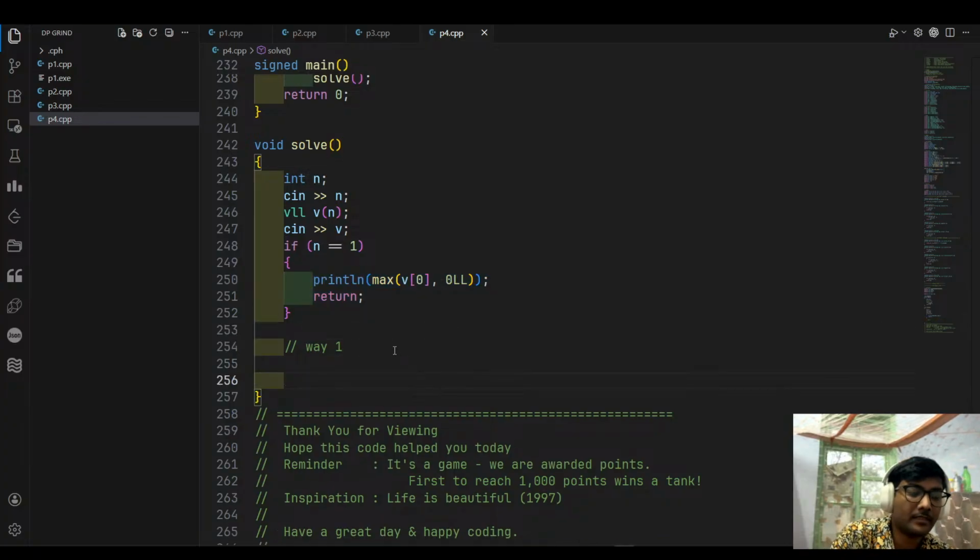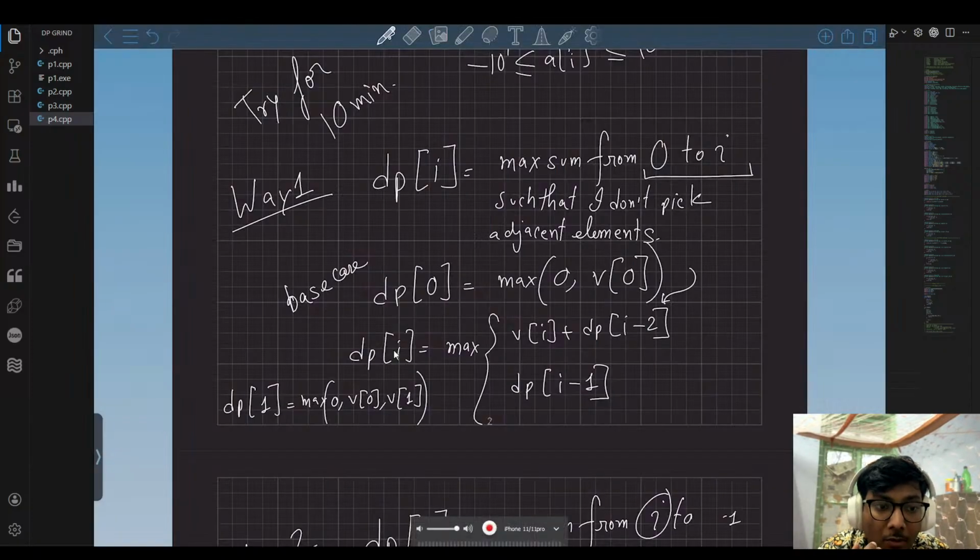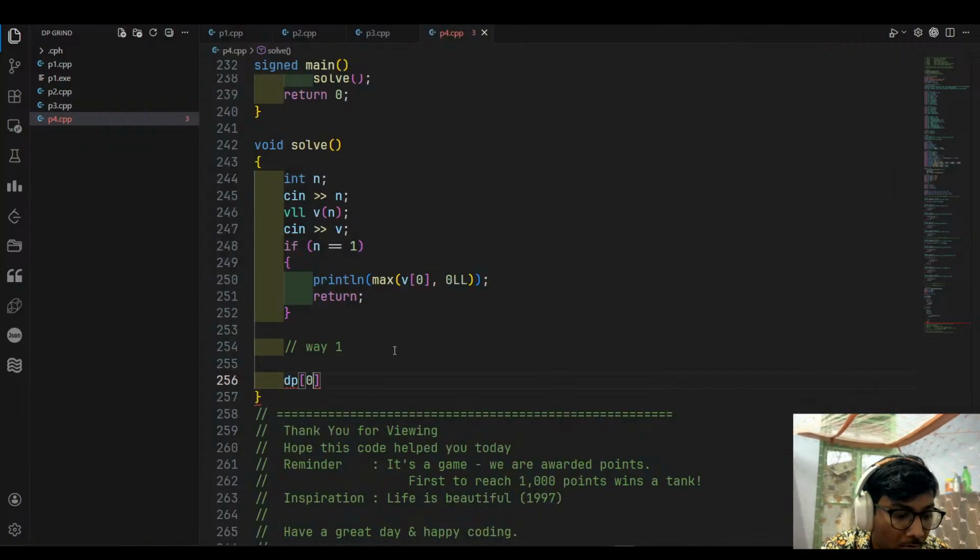Now let's discuss way one. So I know at least two elements are there, so I've defined some base cases. Since I have defined from 0 to i, I've defined dp of 0. That's the smallest problem. So dp1, because it's way 1, equal to, I think n plus 1 size will work.